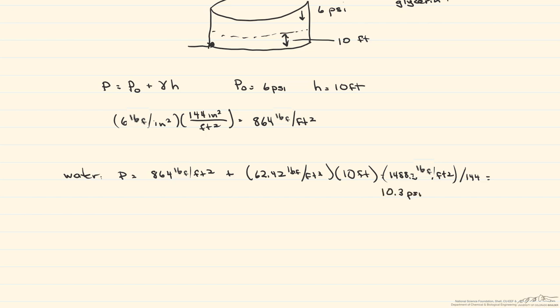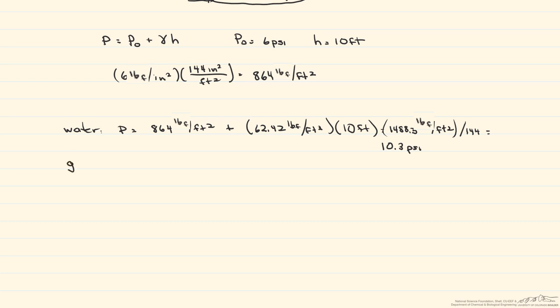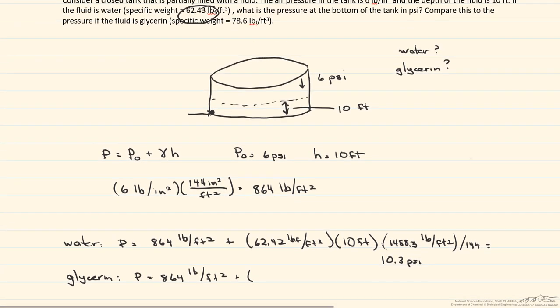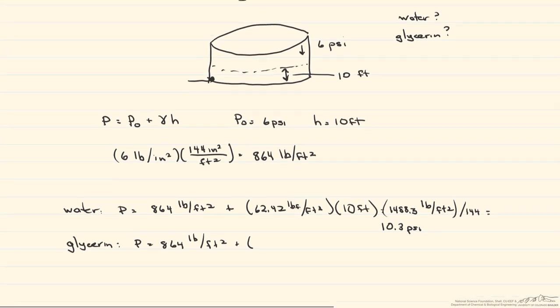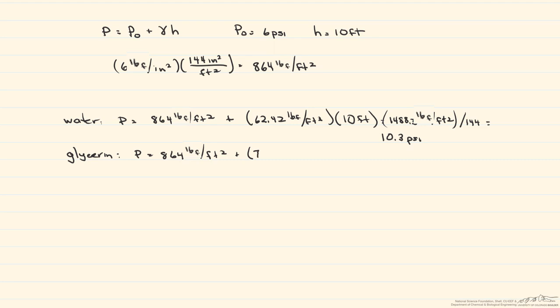Now we're going to do the same thing for the glycerin. So the only thing, remember, that we're going to change, well, certainly the pressure is going to change. This is going to stay the same, 864 pounds per feet squared. And now we're going to have the specific weight of the glycerin, which is 78.6 pound-force per feet cubed.